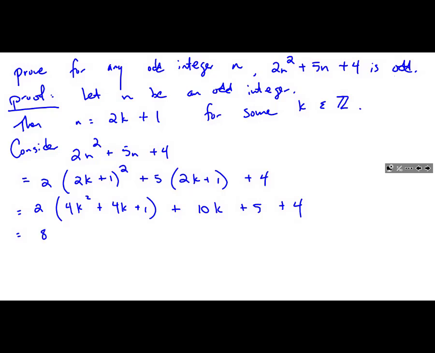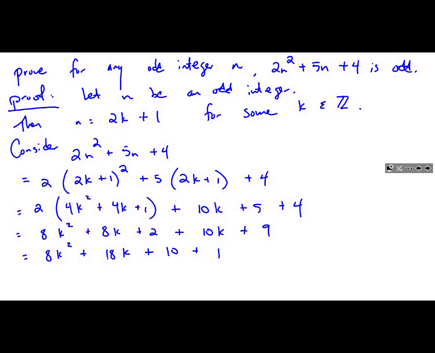This would be 8k squared plus 8k plus 2 plus 10k plus 9. This would be 8k squared plus 18k plus, I'm going to write this 2 plus 9. While it is 11, I'm going to write it as 10 plus 1.